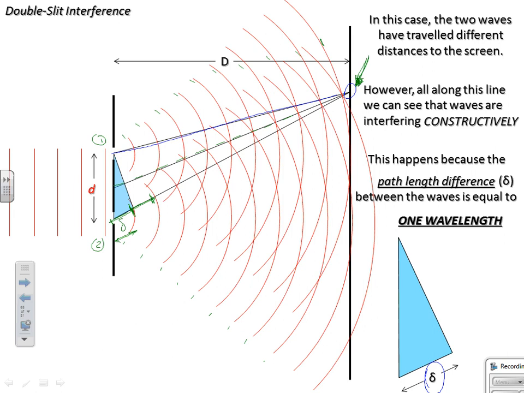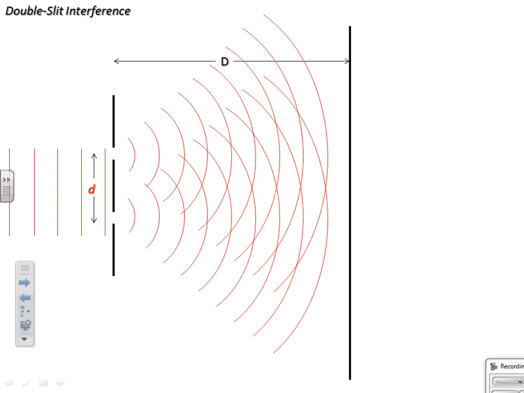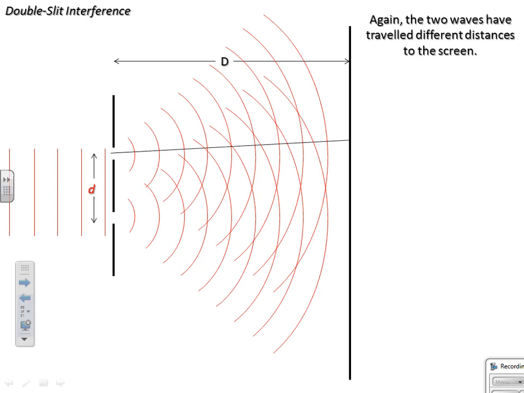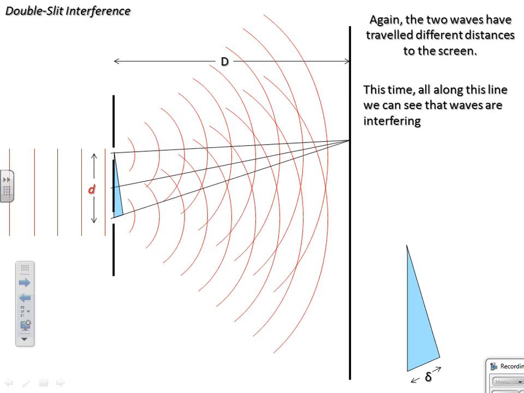Now look at this case. Here's a case where if we look at a place like this, there's a length from source 1, there's a length from source 2, there's a path length difference, and now our little tiny delta, if we look at anything along this line here, all we see is that waves are interfering destructively, right?